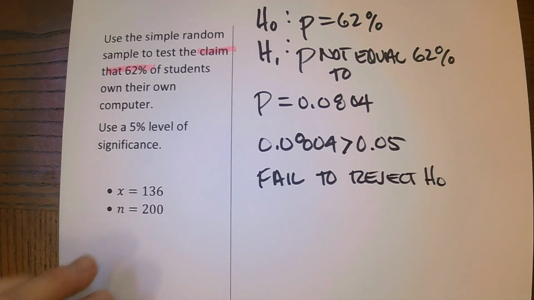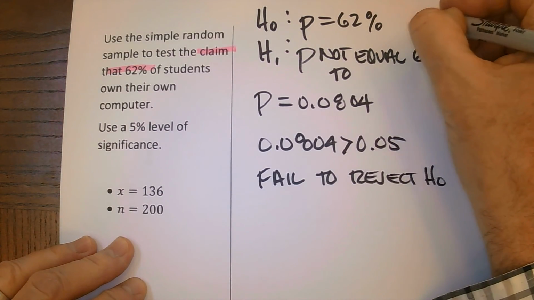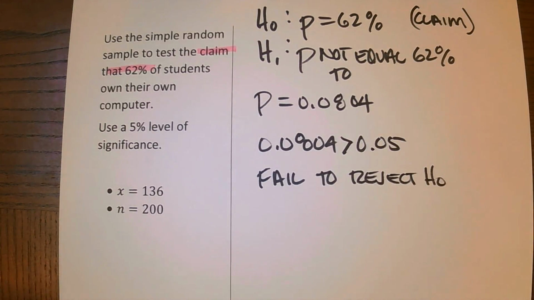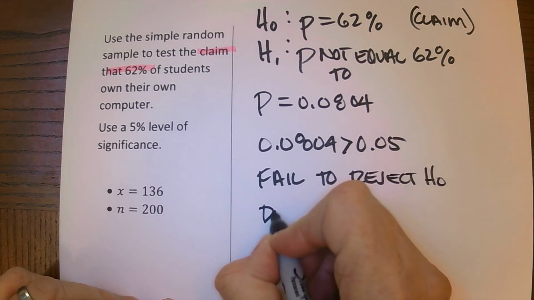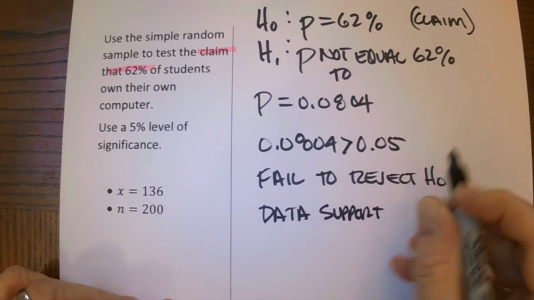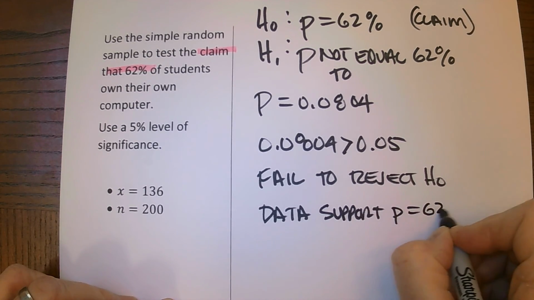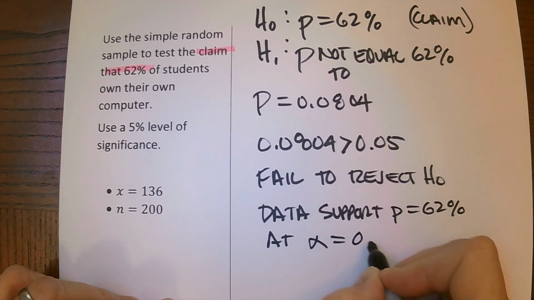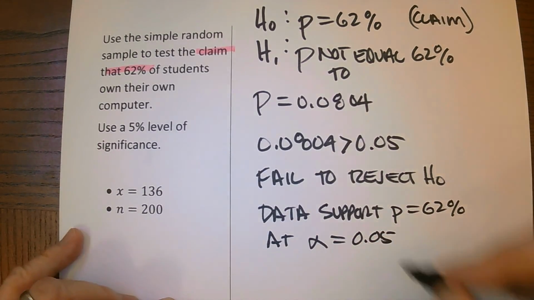Now, this is where I need to remember that my claim in this particular case was the null hypothesis. So, to address the initial claim, I will note that data support p equals 62% at alpha equals 0.05.